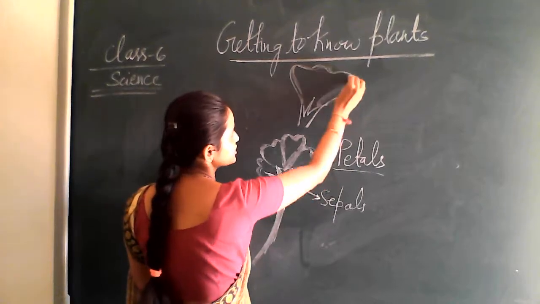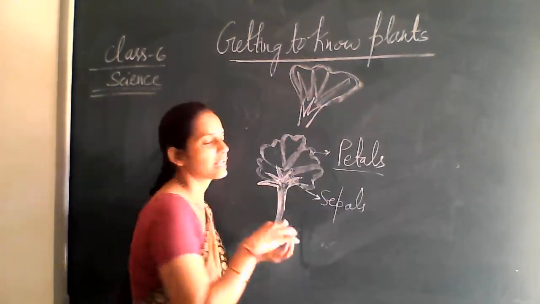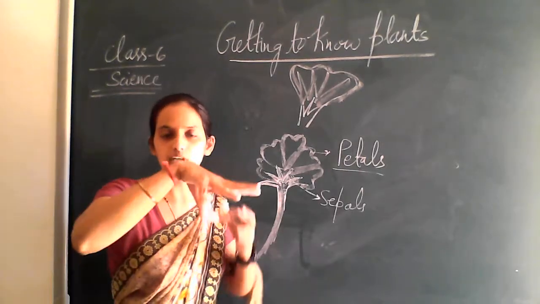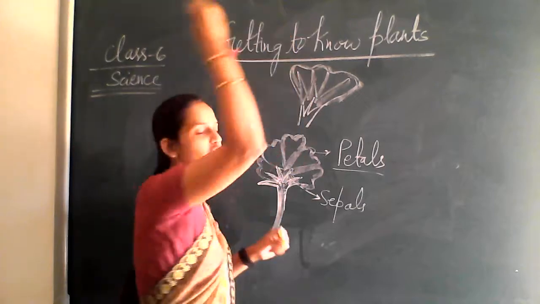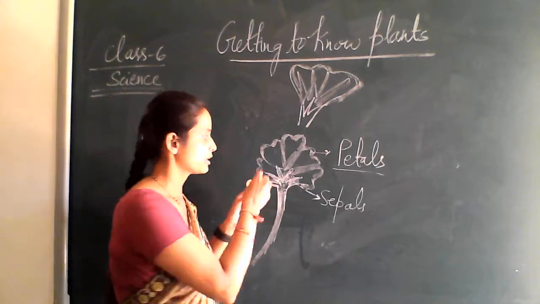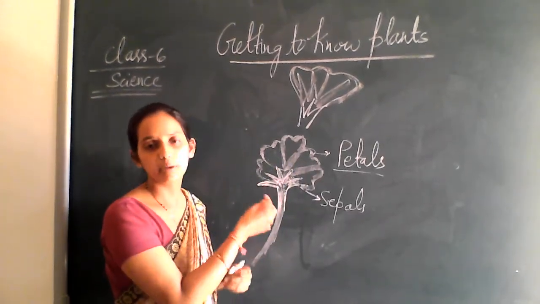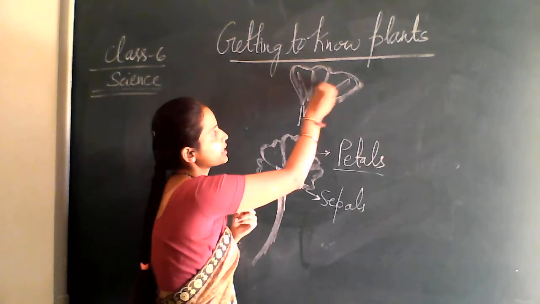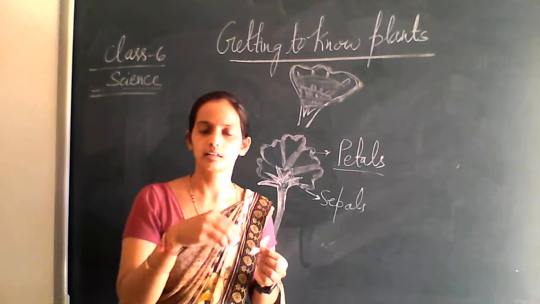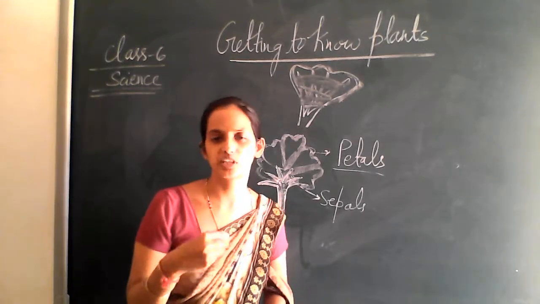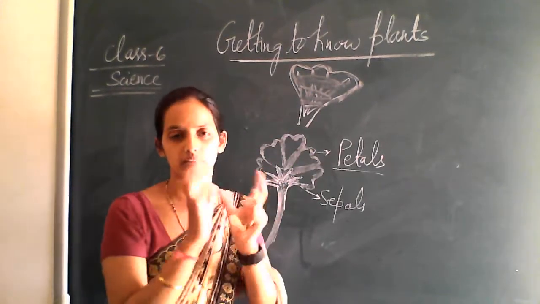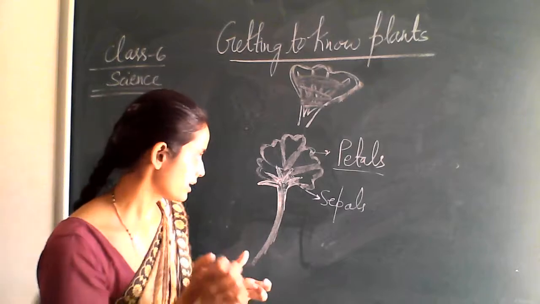You can see it is totally joined, like your bell. Have you seen a bell, right? So it is totally joined. We cannot individually remove each and every petal of the plant. Okay, but in this one we can pluck one petal, one by one we can remove each petal. But in dhatura or a bell-shaped plant, you can see the petals are joined, right?